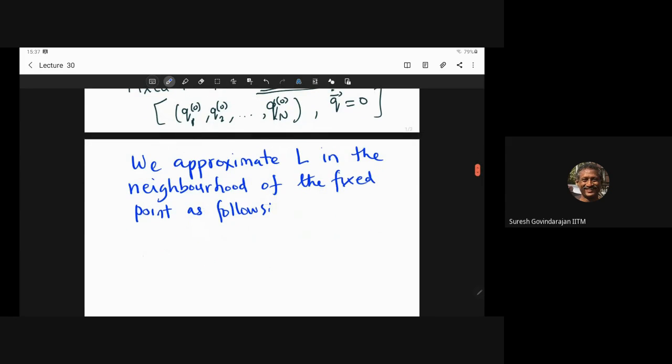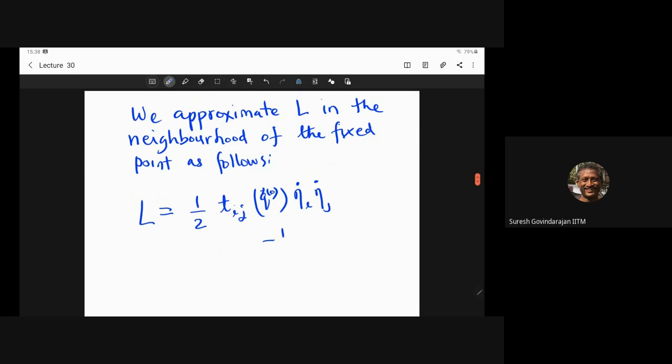We just say that L takes some particular form, and this will take its values at the fixed point. So the approximation is to discard these.